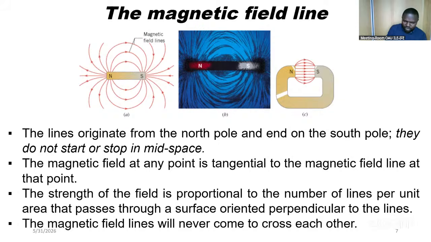They cannot start from the middle, and they cannot cross each other. So we can say the strength of the magnetic field is proportional to the number of lines per unit area that pass through a surface oriented perpendicular to the lines. So the magnetic field lines will never cross each other.